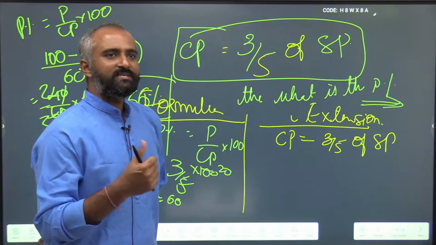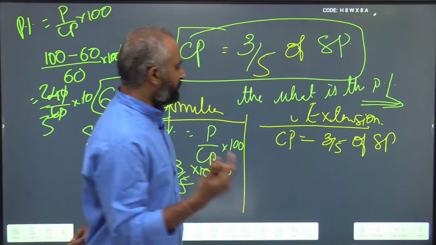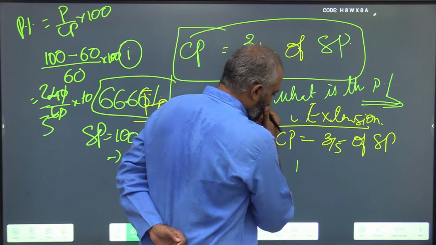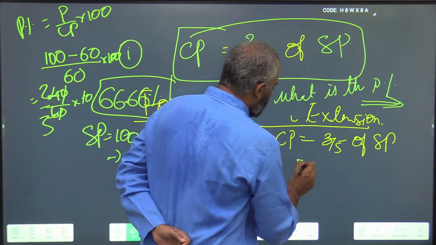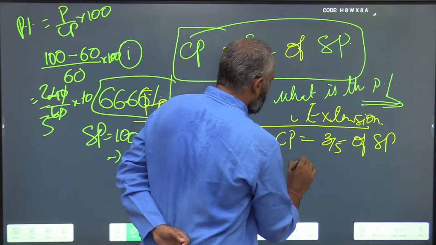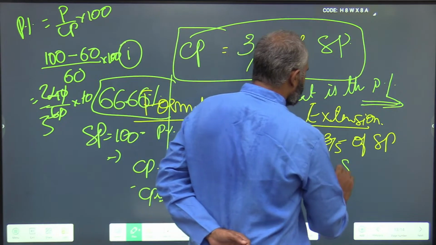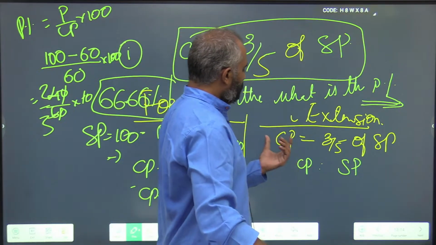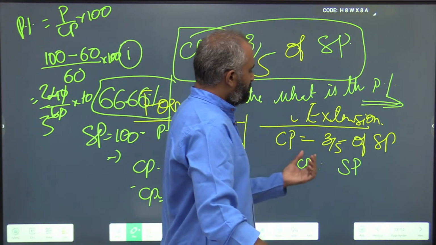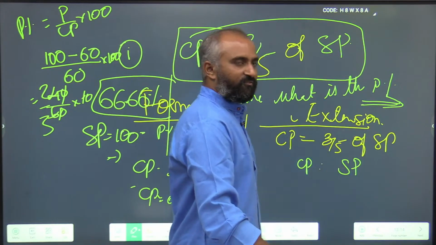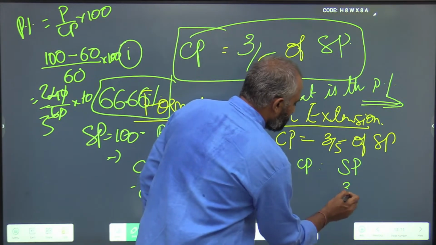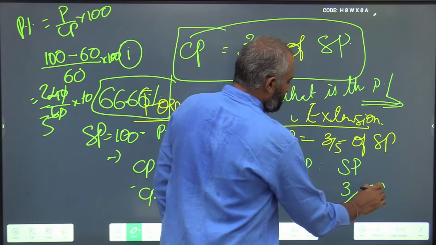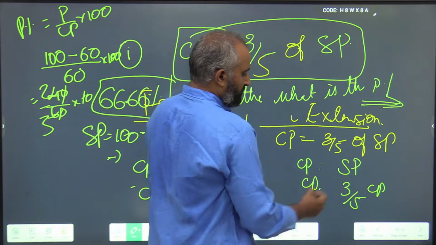If you have seen the ratio method or multiplication factor approach, in the ratio approach we always take an initial value, which will be CP, and this will be SP. CP is 3/5 of SP. Ratio approach, right?